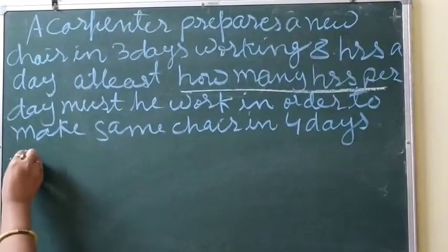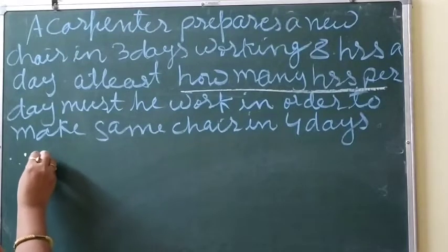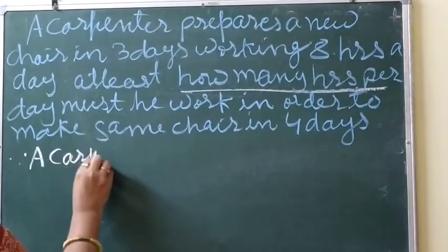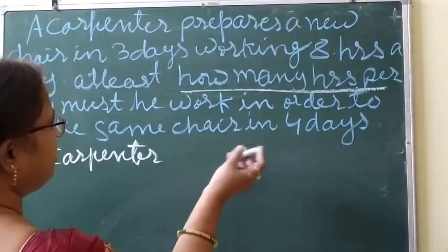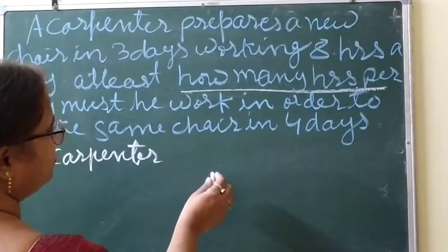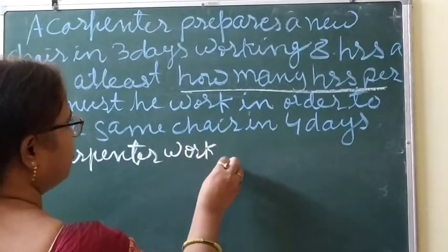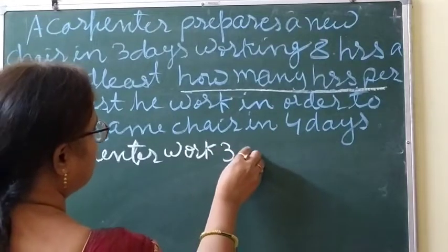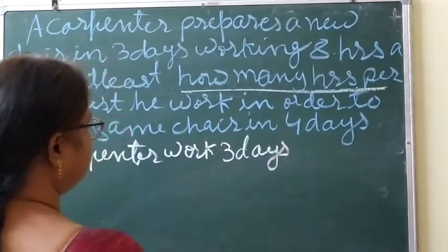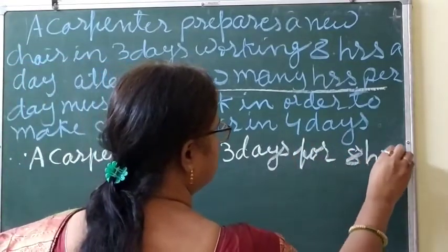Since a carpenter makes a chair, a carpenter works three days for how many hours? 8 hours to complete the work.